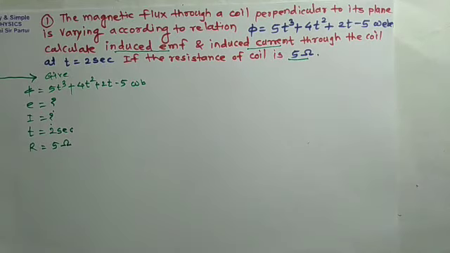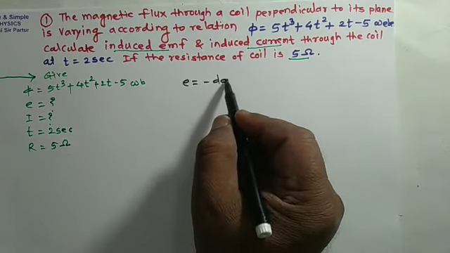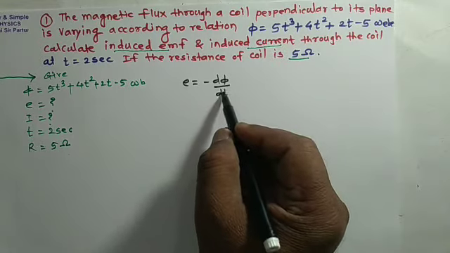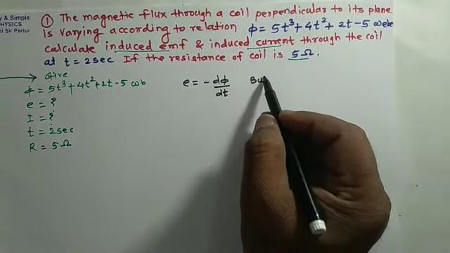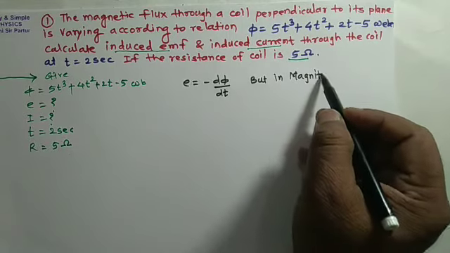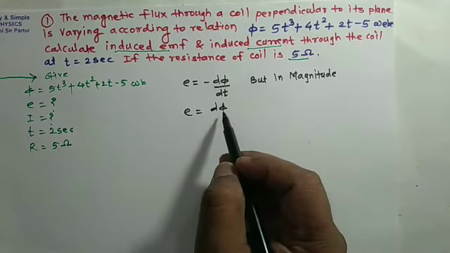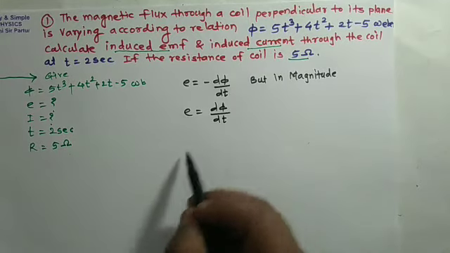So first of all, we know that using Lenz's law, E equal to minus d phi upon dt. But in magnitude, E equal to d phi upon dt.